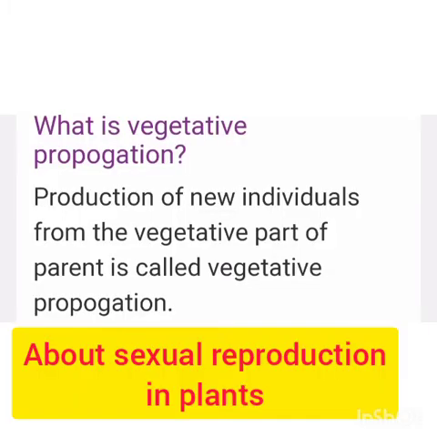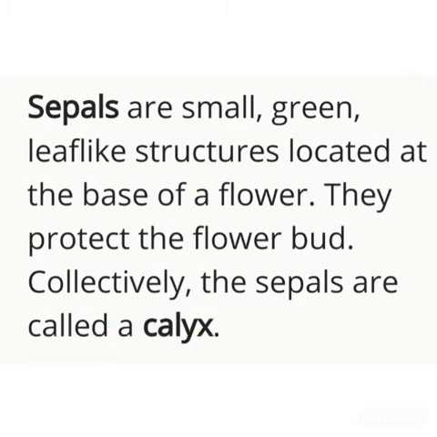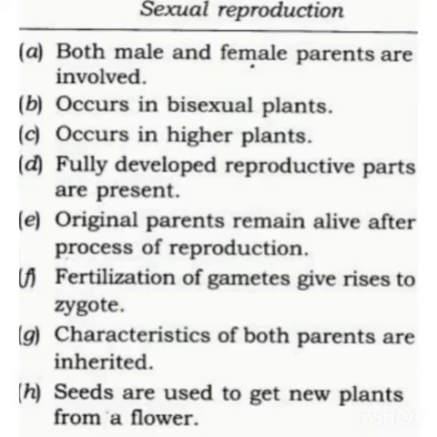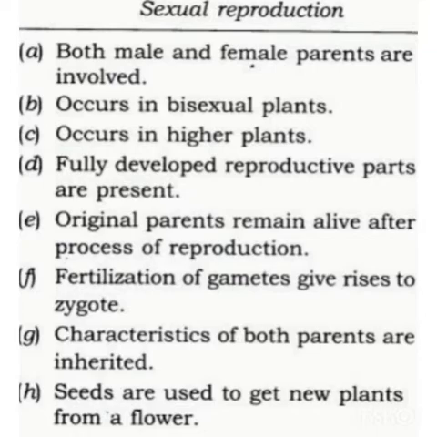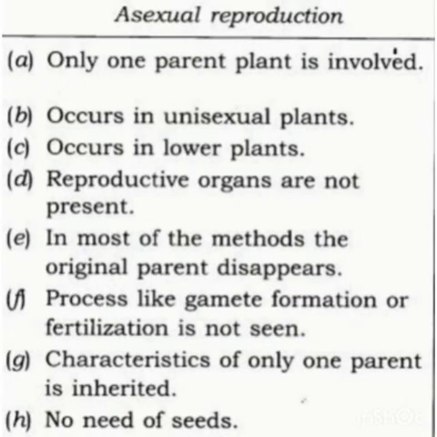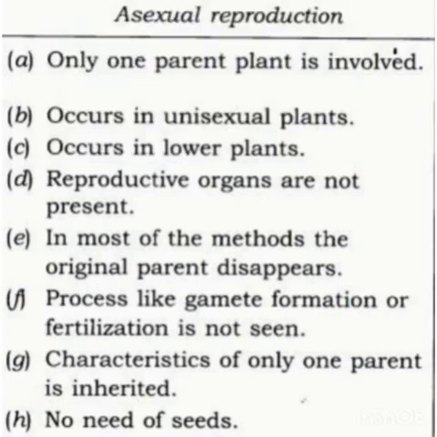On the other hand, you can write, in sexual reproduction, newly developed plants are similar to their parents. Okay, so the remaining part you just look and write from the video.